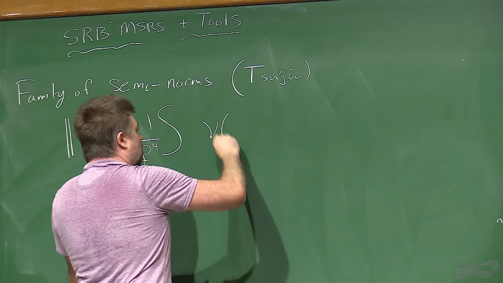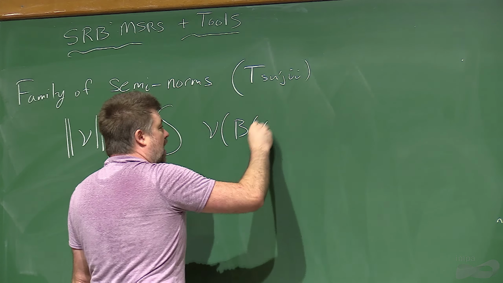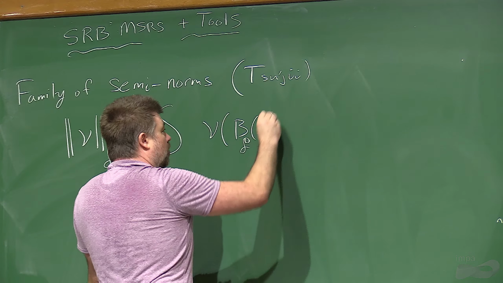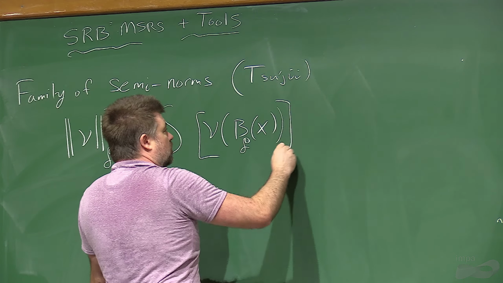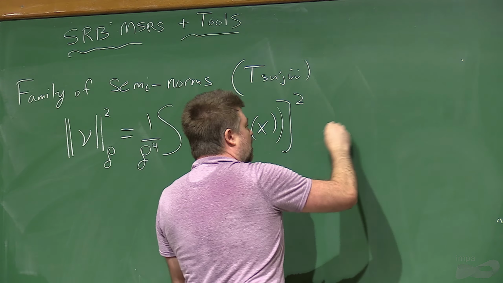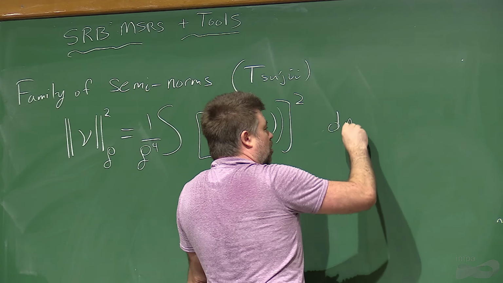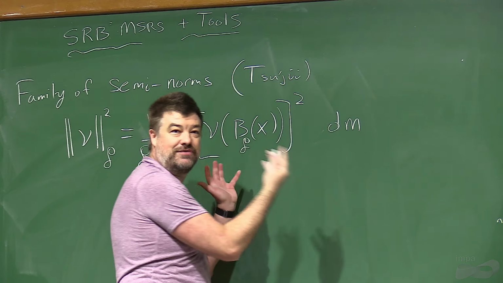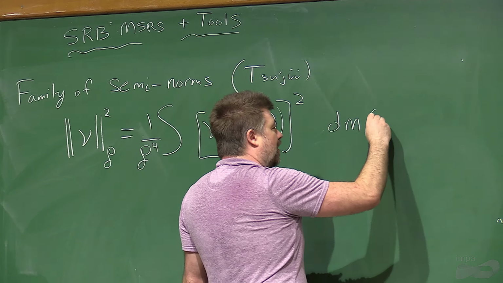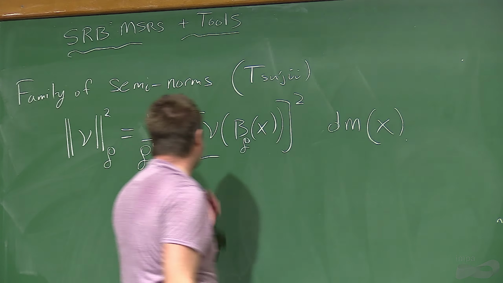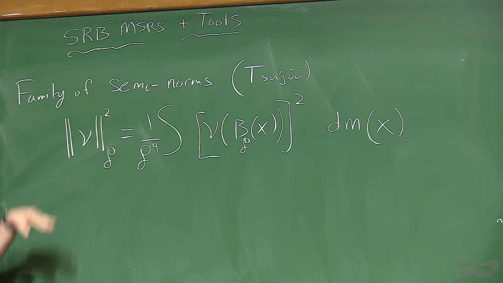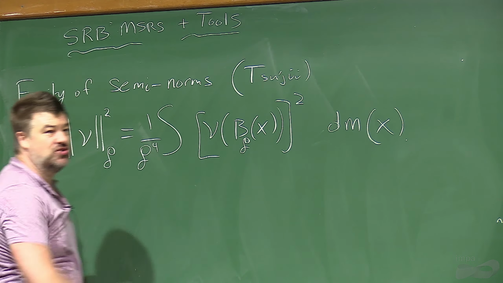The mystery measure of the ball centered at x of radius rho, squared, and then I take the integral with respect to the Lebesgue measure on my surface, or on my torus, over the center point. And this is actually a norm coming from even an inner product, or at least a form. But I'll just use it as a norm here.